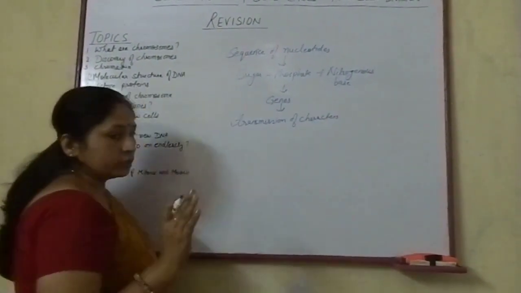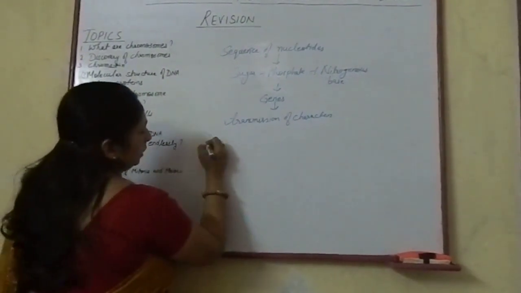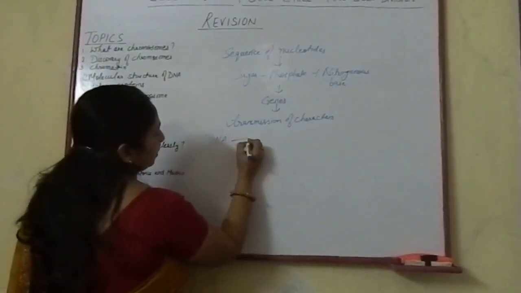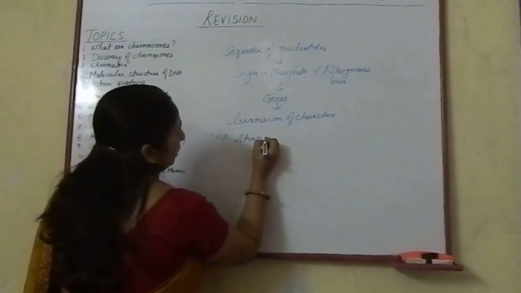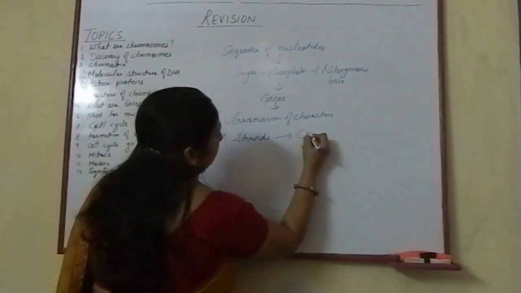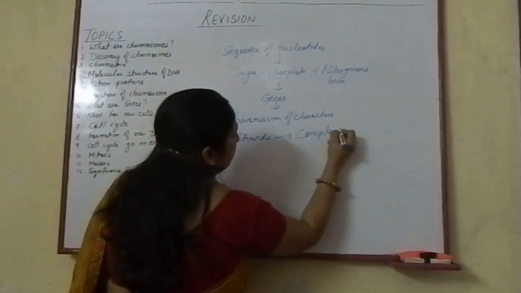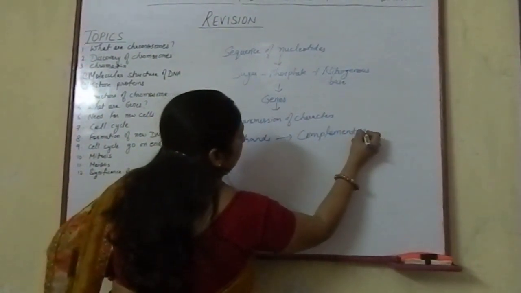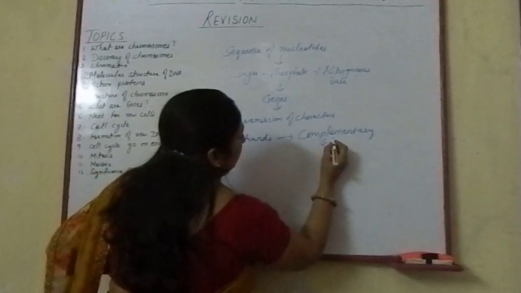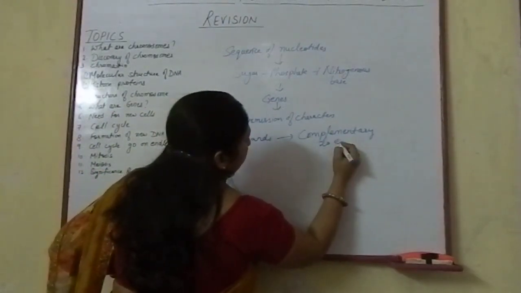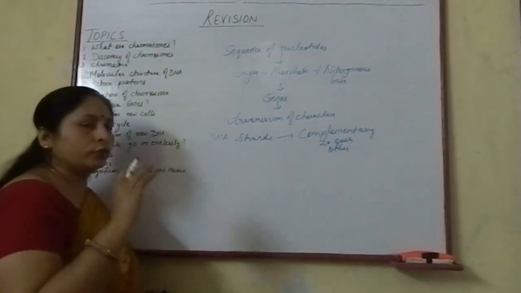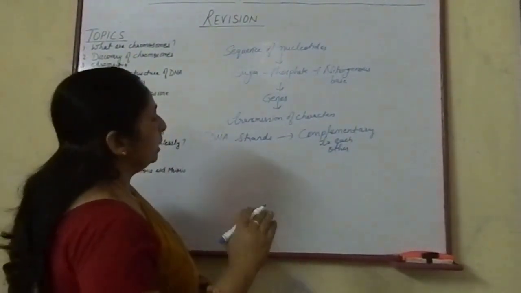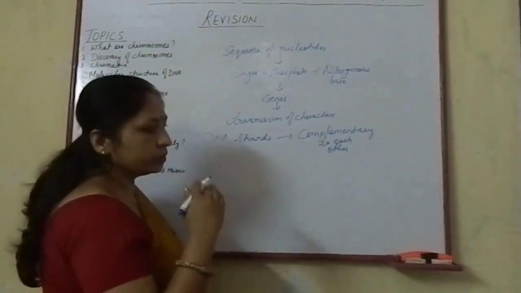The two strands of DNA are complementary to each other. Complementary means if we know the sequence of one of the strands, we can easily identify the sequence of the other.